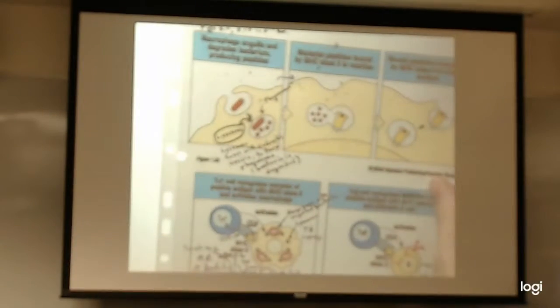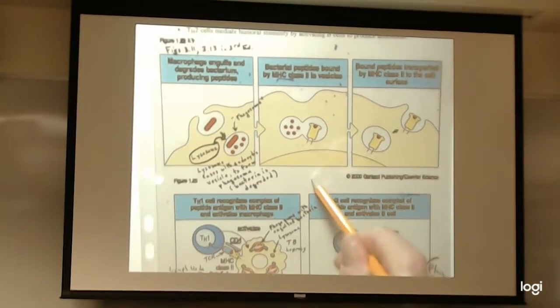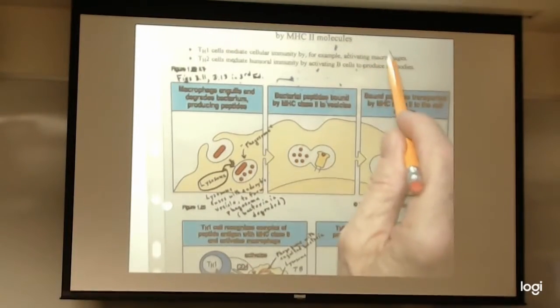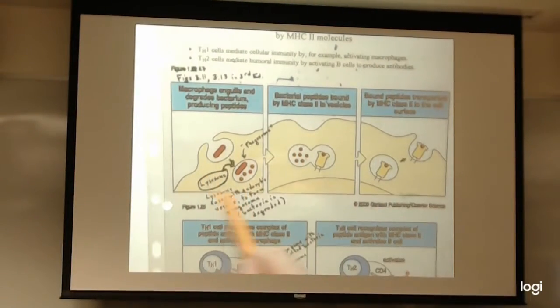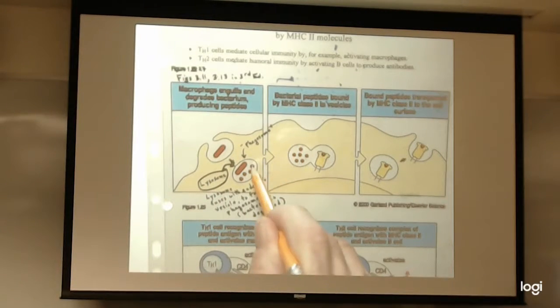So here's the deal. Again, summarizing what I've already been telling you. Here's a professional antigen presenting cell. In this case, it might be, for example, a macrophage. And the macrophage engulfs whole bacteria. It's brought into the cell, the phagosome here.